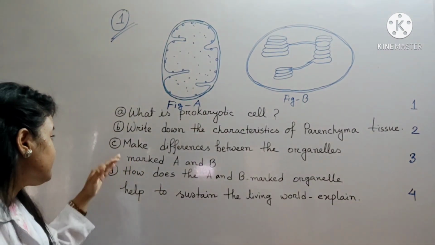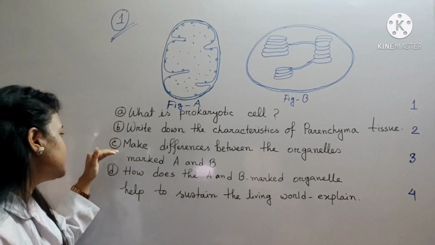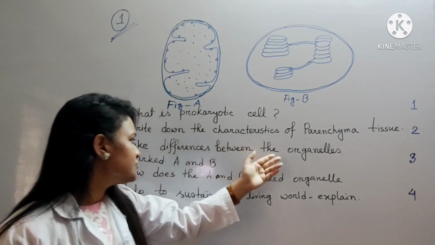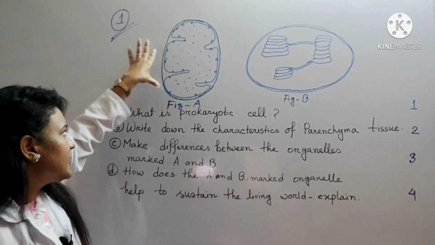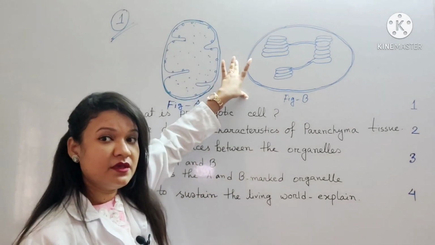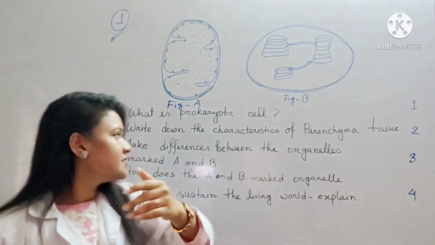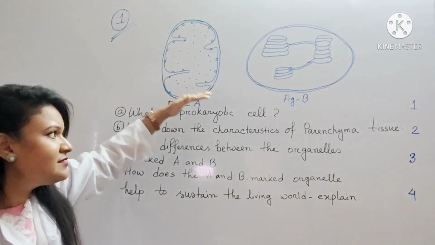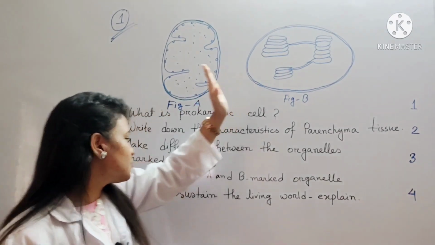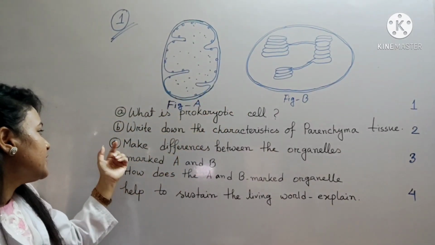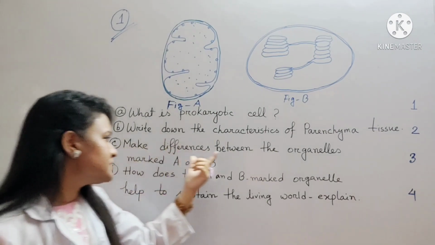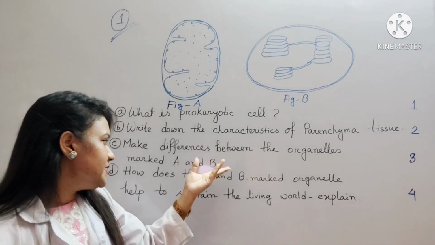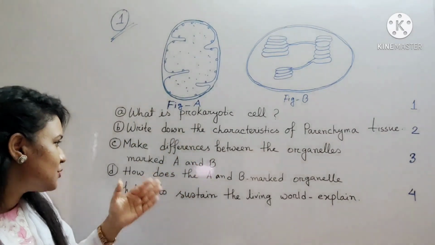Okay, then this is number C. Number C is: make differences between the organelles marked A and B. So you understand that figure A is mitochondria and figure B is chloroplast. So you will write down the differences between the organelles figure A and figure B, which are mitochondria and chloroplast.